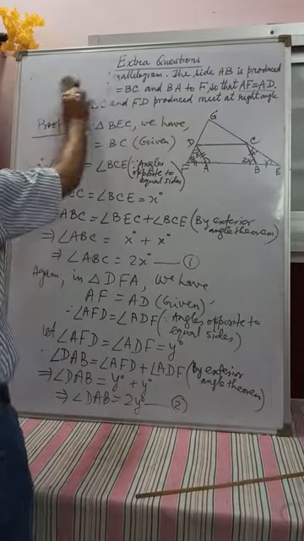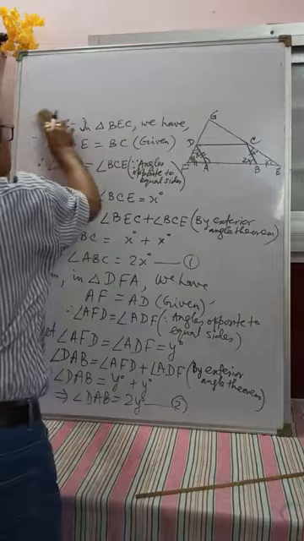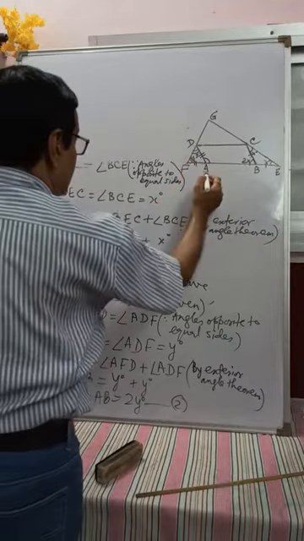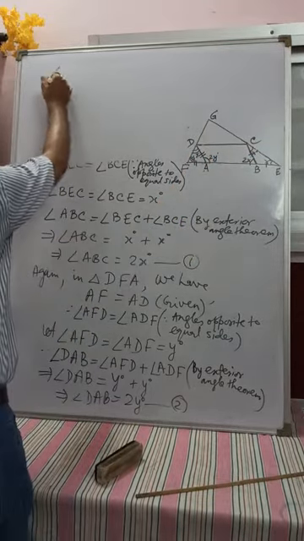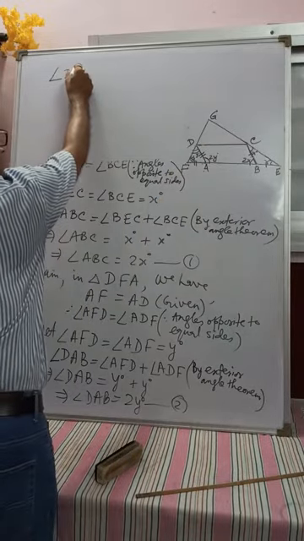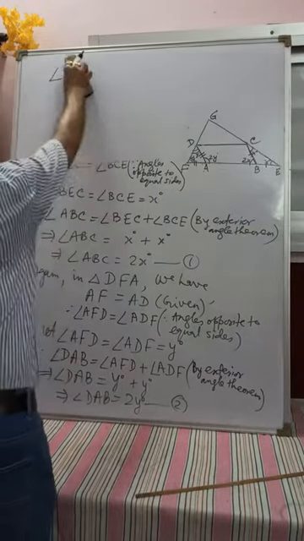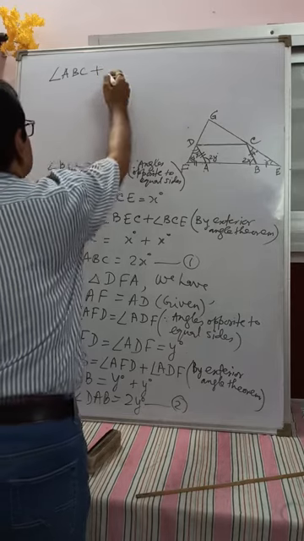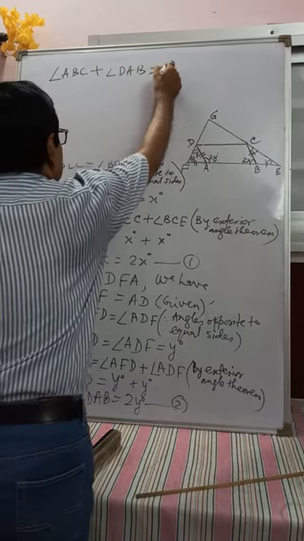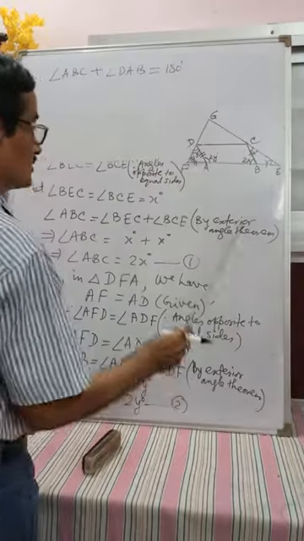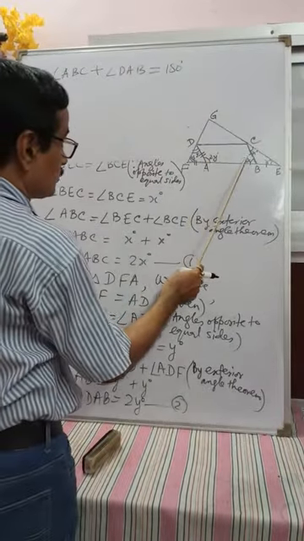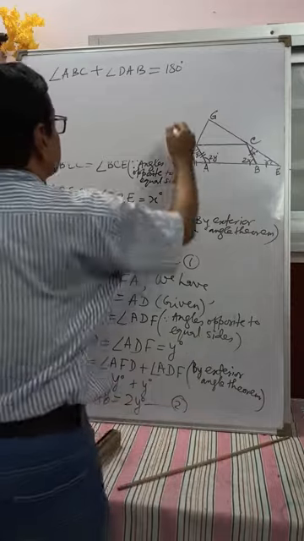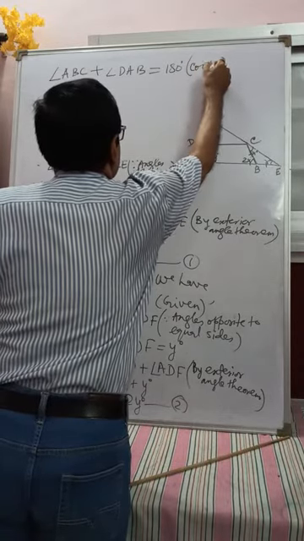Now in parallelogram ABCD, angle ABC plus angle DAB is equal to 180 degrees, because we know in a parallelogram these are co-interior angles.